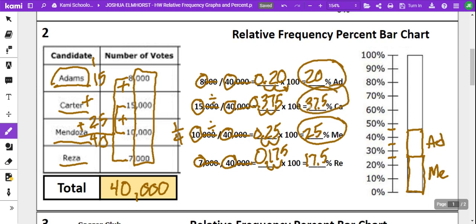We can go up to the top and put in 37.5. We're going to go 10, 20, 30. I'm going to go a little bit past half. So it's probably right about there, about 37.5. And that is going to be Carter. So that means the leftover part is going to be Riza.